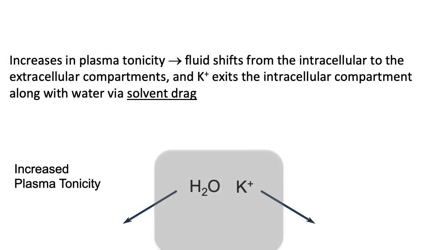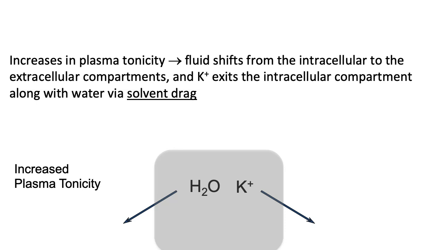I also mentioned the plasma tonicity. Changes in plasma tonicity can cause fluid to shift from the intracellular compartment to the extracellular compartment. And the classic example would be hyperglycemia. So someone who's very, very hyperglycemic, because immediately glucose won't move into the cells. And so if glucose is building up outside of cells in the plasma, it can produce hypertonic fluid compared to intracellular fluid.